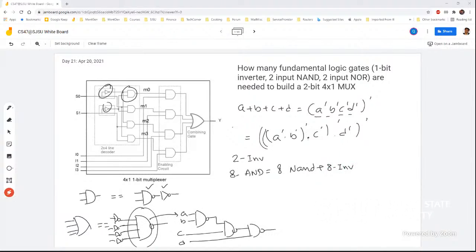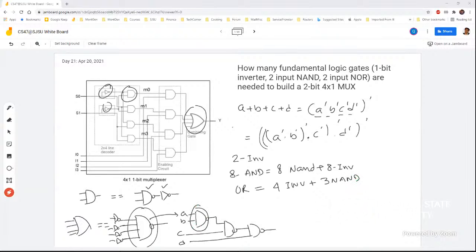And then we have this big 4 input OR, which would contribute 4 inverter and 3 NAND. And we are all talking about 1 bit, 2 input NAND in this case.